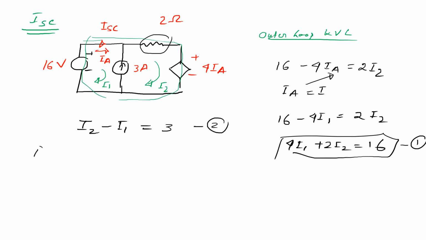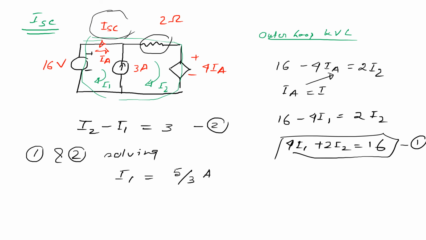Now by solving equations 1 and 2, we will get I1 equal to 5 by 3 ampere, and I1 is nothing but this short circuit current ISC. So I1 is equivalent to ISC.